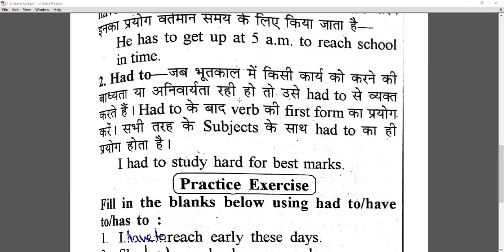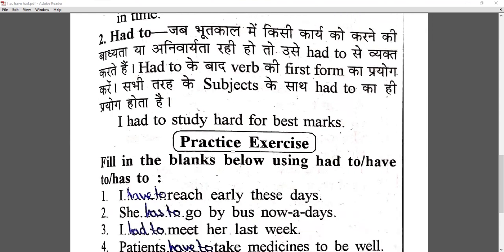But after had to, similarly like has to and have to, यहाँ पे भी आप first form of verb का ही use करोगे. Like I had to study hard for best marks. So you can see यहाँ पे I है, had to है, that is आपको study hard करना पड़ेगा for best marks. So you are talking of past.